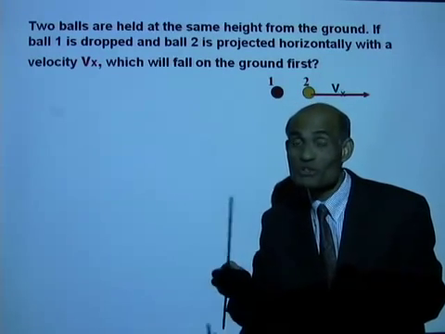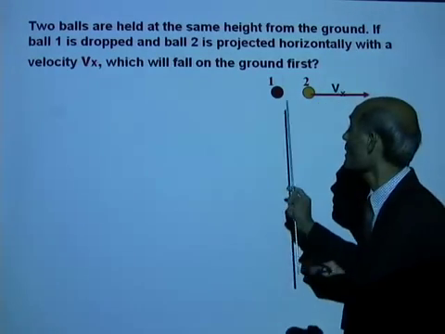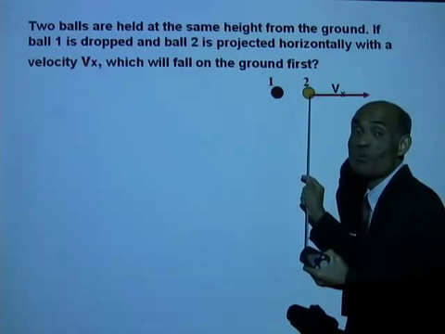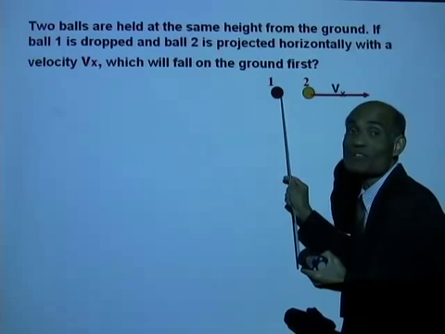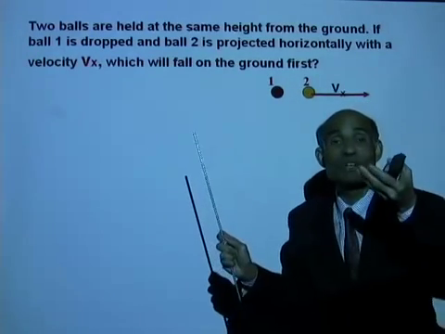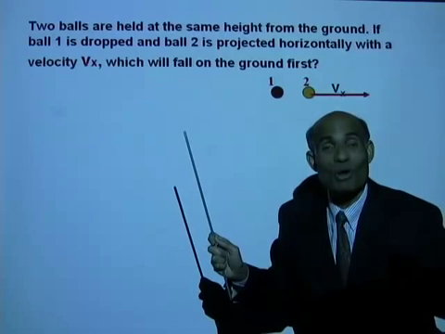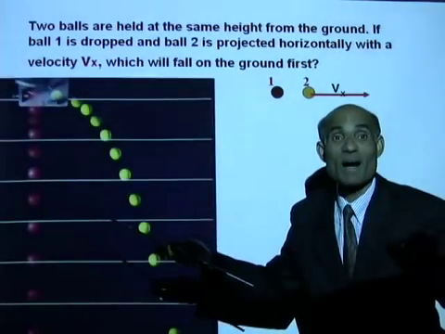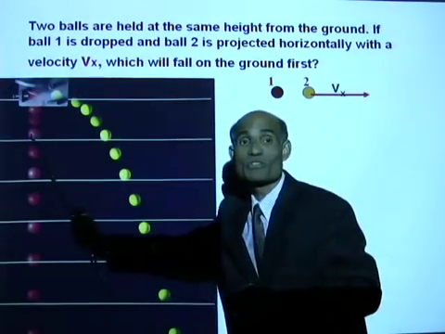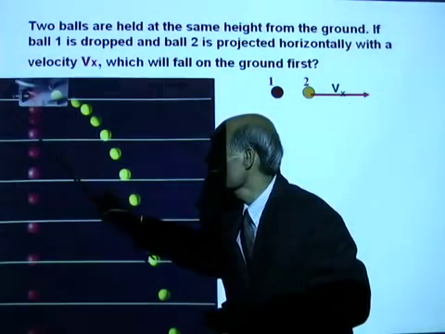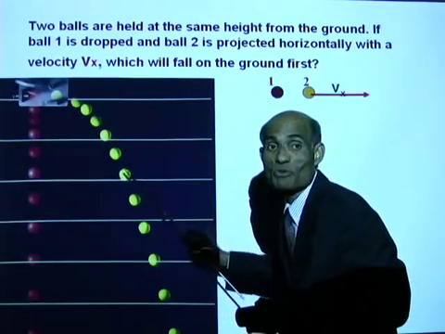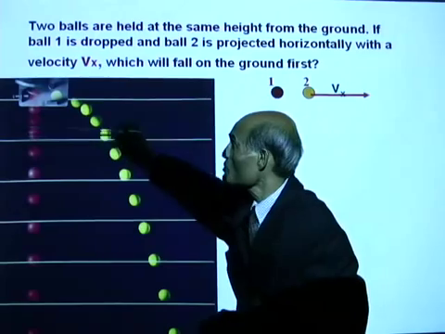Well, if you understood the concept I've developed so far, you should understand that the vertical motion of this projected ball will be exactly the same as the vertical motion of the freely falling ball. That means both should fall at the same time. Is that right? Look at this. The vertical motion of the dropped ball and the vertical motion of the projected ball are exactly the same.